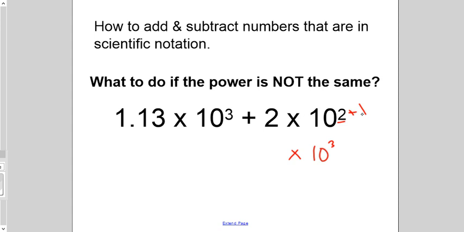Now, the issue is that however many numbers you have to add on to this 2, that's how many spots you're going to slide this decimal on the front number back to the left. So since we added on 1, we're going to slide this decimal back 1 spot, and this becomes 0.2. Now, I know this is bad scientific notation, but what that lets us do is pretend that these two numbers have the exact same exponent, and that lets us add the front numbers of 1.13 and 0.2.